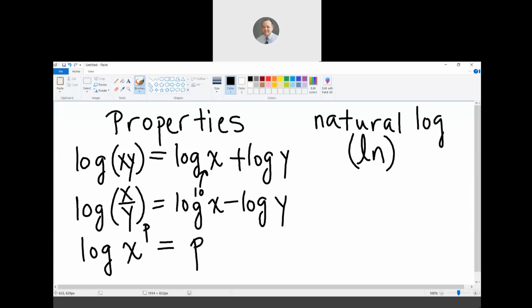So log of x to the p power would equal p times log of x. Now, there's one property of natural log that you need to know that's kind of exclusive to ln, and that is the natural log of e is equal to 1.